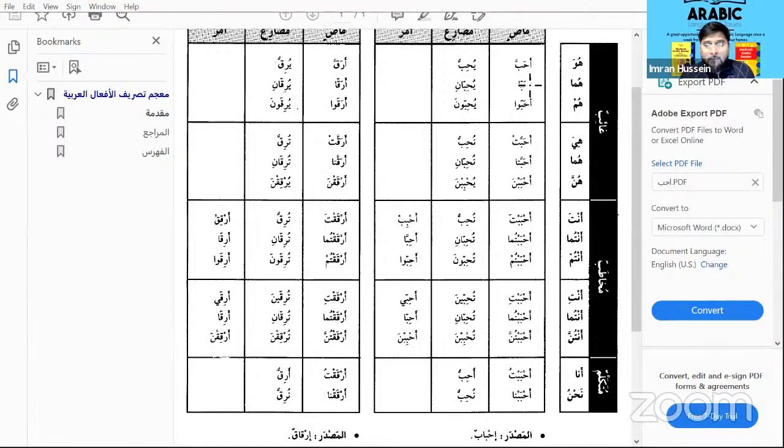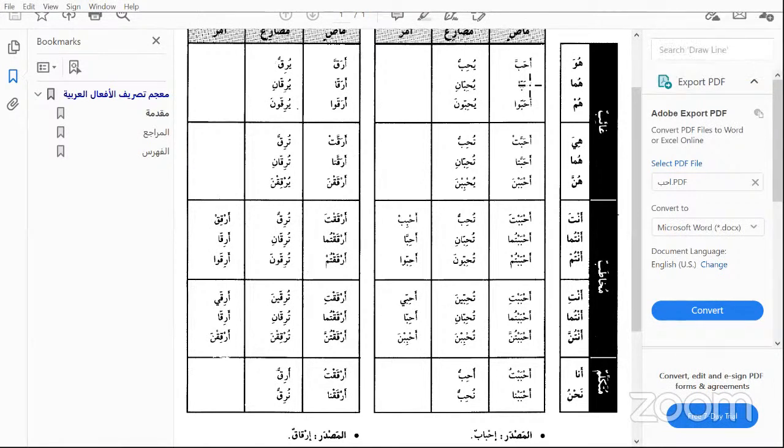So habba yahabbu can mean to like, and ahabba yuhibbu comes to mean to love. Is that clear? Okay.